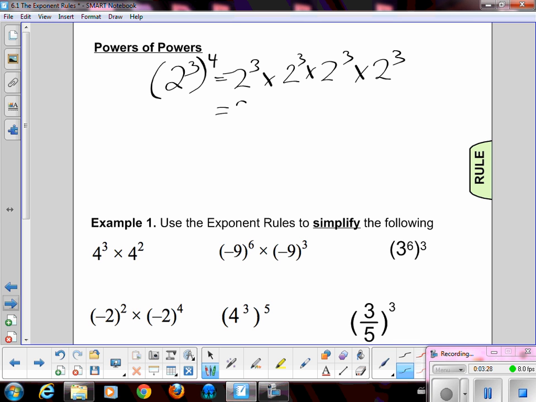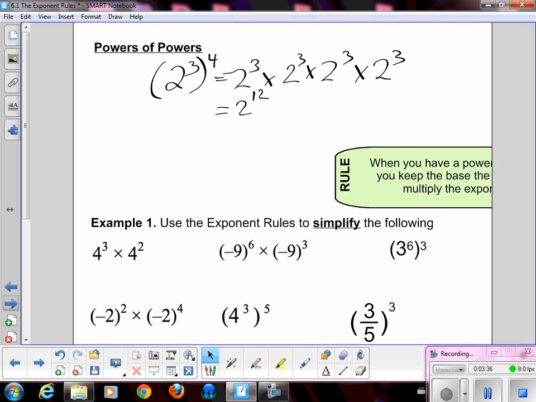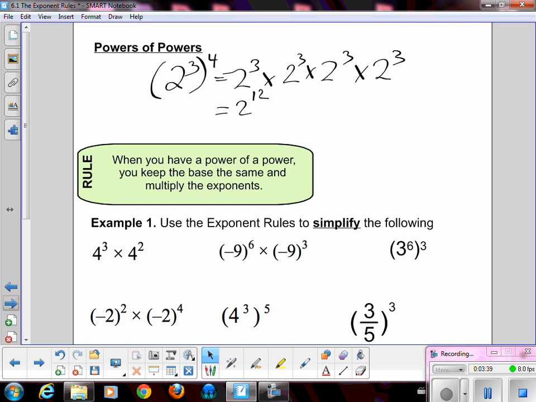So in this case, it would be 3 plus 3 plus 3 plus 3. So we have 2 to the power of 12. Now, obviously, that's a lot of work. So the rule is, when you have a power of a power, you keep the base the same and multiply the exponents. So in this case, our question, 2 to the power of 3, all to the 4th, is 2 to the power of 3 times 4, which is 2 to the 12th.